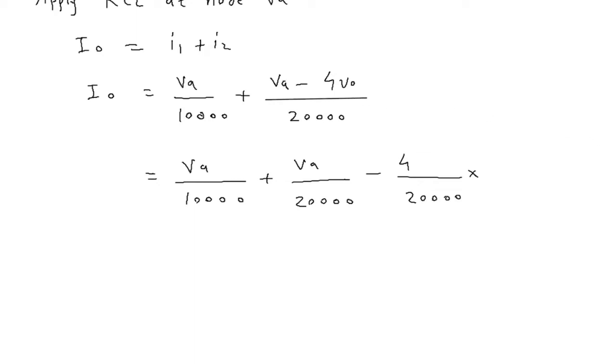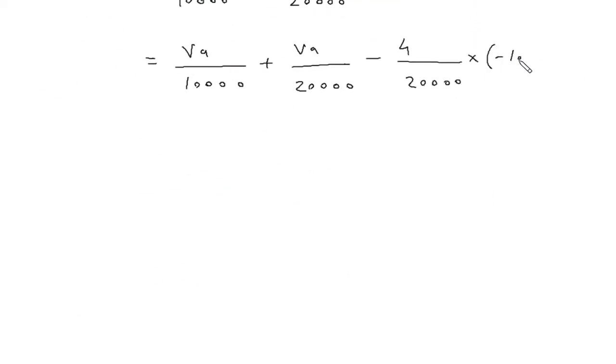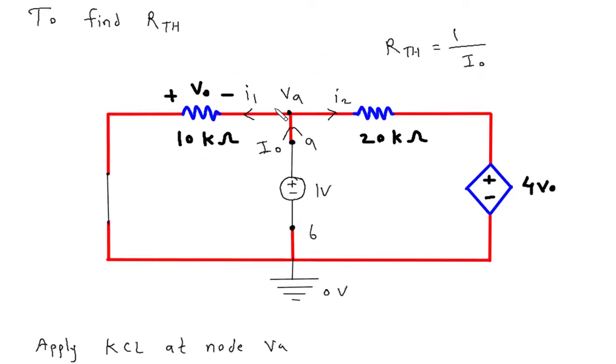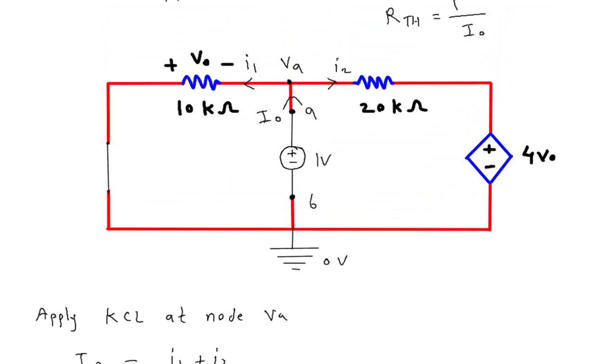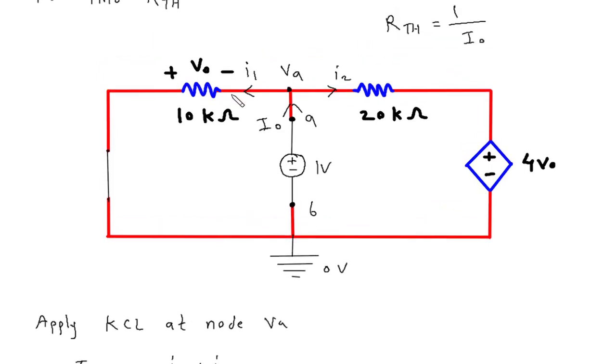Now this VO, from the polarity, we can write VO is equal to minus VA.